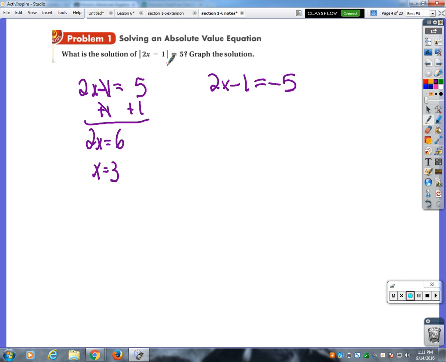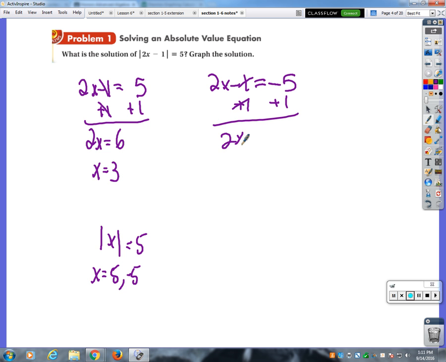So what Sam is dealing with is a situation where it is only the x inside the absolute value symbols. Then yes, you're absolutely right, your two answers are 5 and also its opposite, okay? But when there's more stuff in there, it's not quite as easy, and so that's why we have to write out this separate equation. How can I solve this equation over here? Add 1.